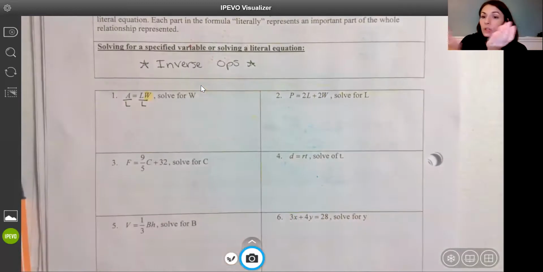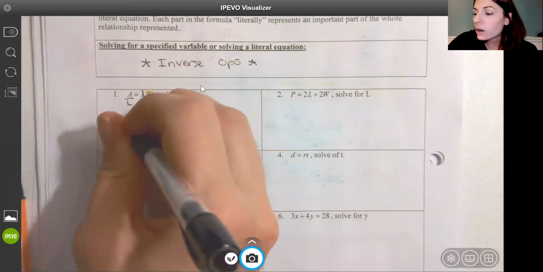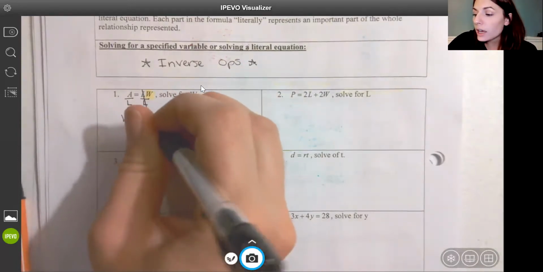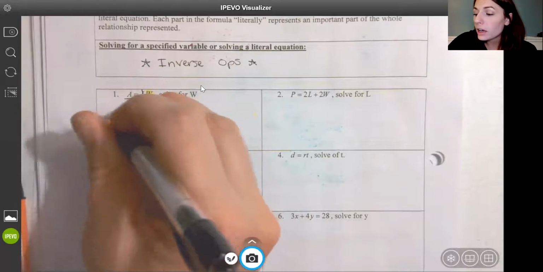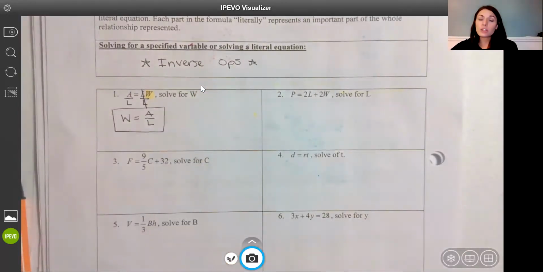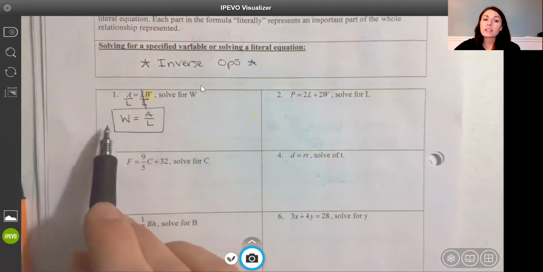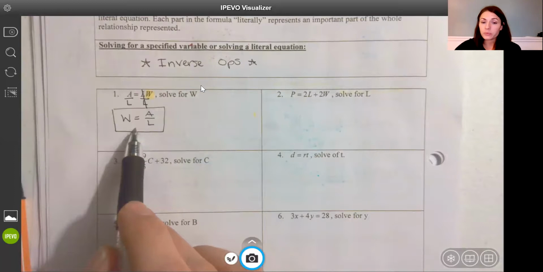Remember, whatever I do to one side of the equation, I have to do to the other. If I divide by L, now I have W equals A over L, and that's it. I've rearranged that equation so that instead of A equals, it now says W equals.